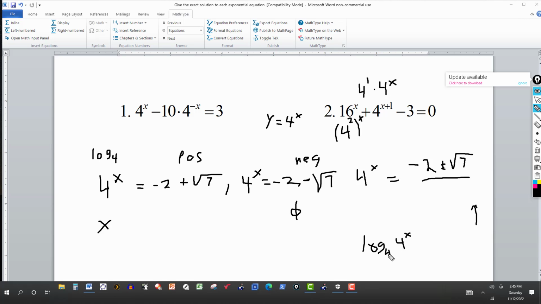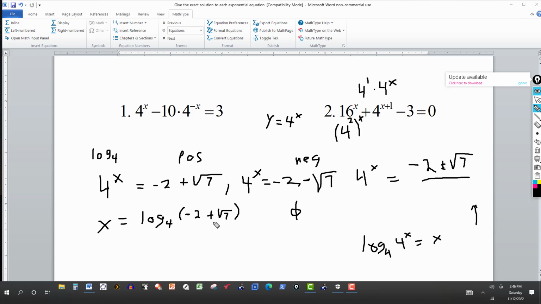If the base and the 4 here are the same, then the log is simply the exponent, which is x. So taking the log of the left side to base 4 just gives me x, and on the right side I simply get the log to base 4 of negative 2 plus the square root of 7, in parentheses.